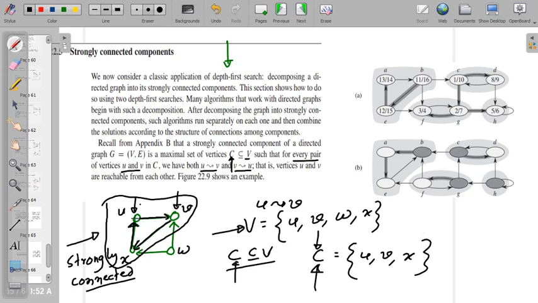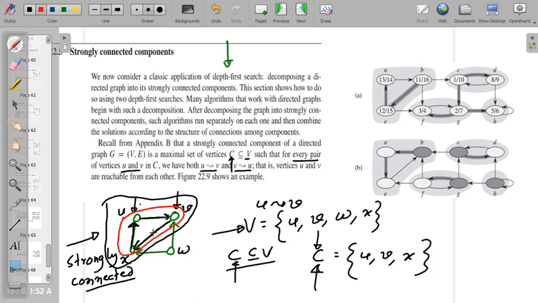So this subgraph that I have considered is strongly connected, because for every pair, if I am taking, say, u and v, I am having a direct connection, and v to u, can I reach from v to u? Yes, I can reach.